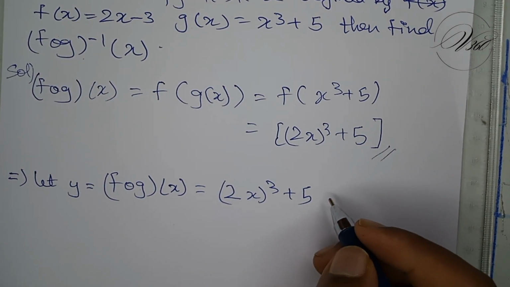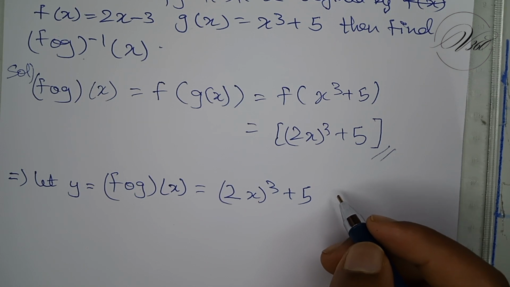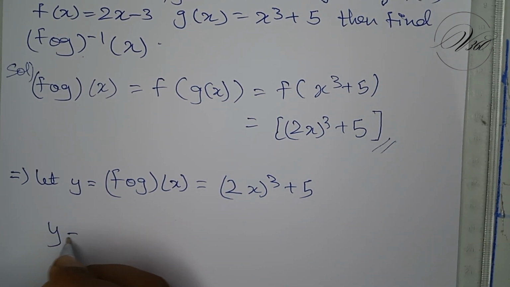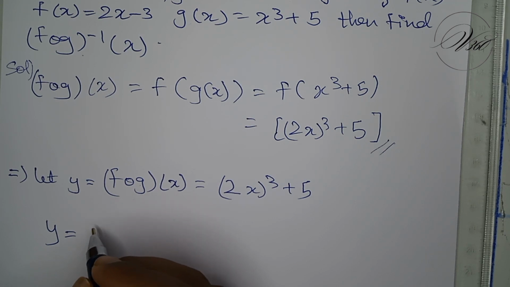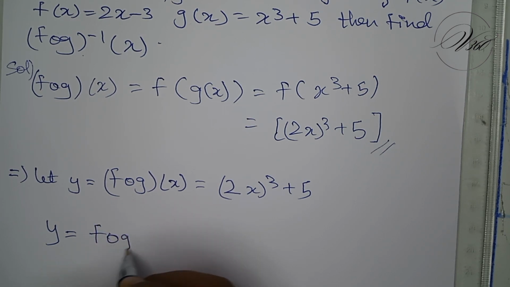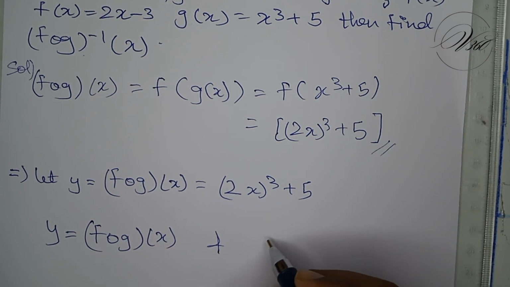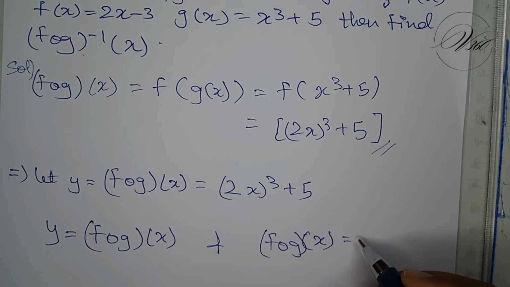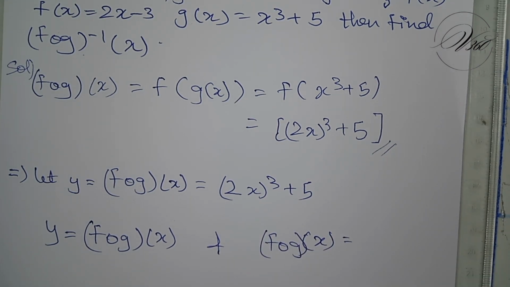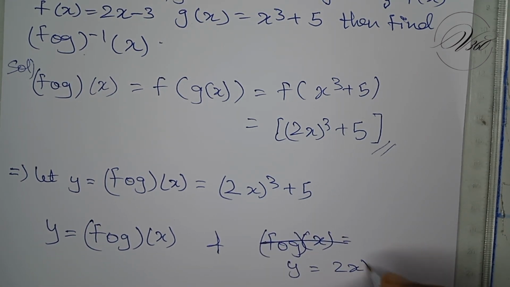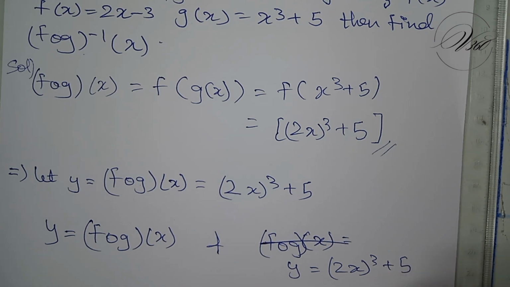Okay, now we are going to take y separate. y is equal to f of g of x, this is one. No, y is equal to 2x whole cube plus 5.